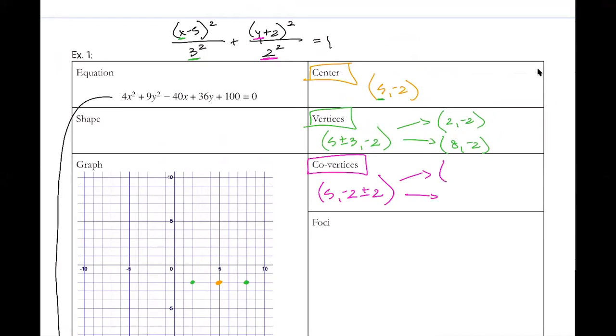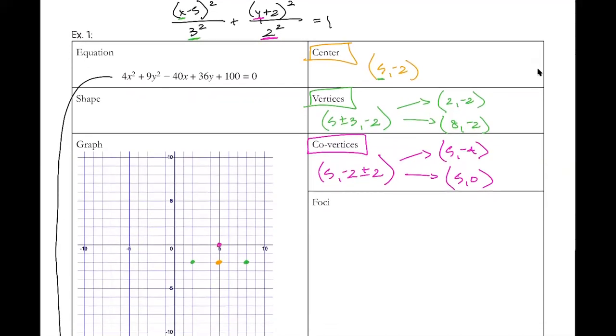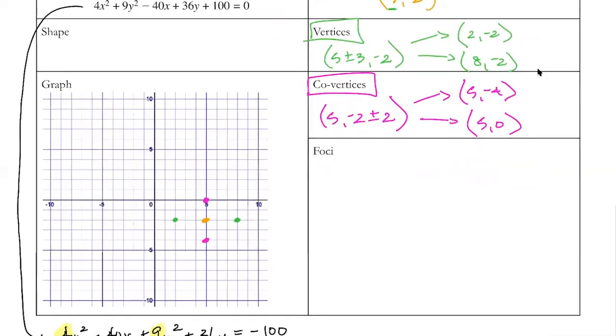And that will give us 5 comma negative 4 and 5 comma 0. And so that'll be here and here. Okay. Now we have our ellipse outline, and so we can draw that in there.